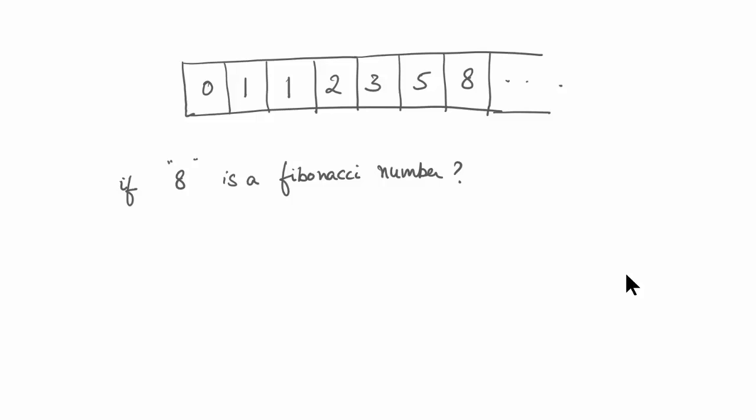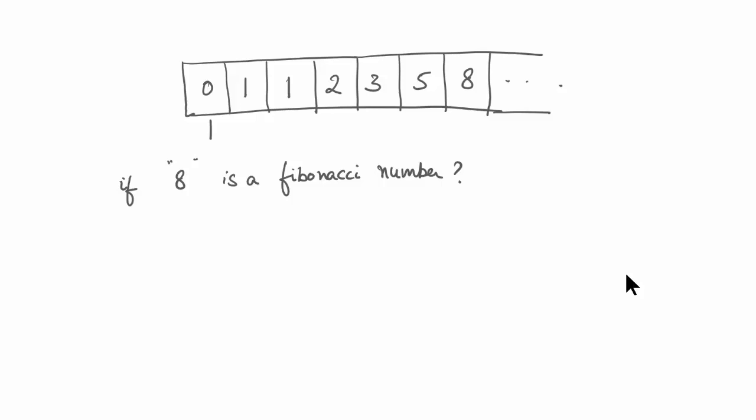Well, when we come to data structures, we'll find out better ways of doing it. But until that point, if you don't know any specific data structure, all you have is a list of numbers. How do you know if 8 is a Fibonacci number or not? The only way to find out, if you don't have a special algorithm, is by iterating through each of the elements in the data set, right?